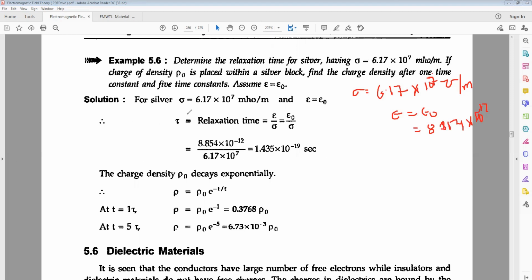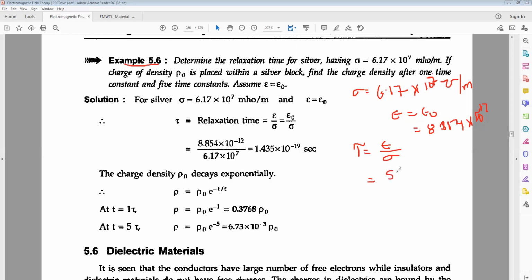The relaxation time, my dear students, we already did in the theory class. The relaxation time tau is equal to epsilon by sigma. It is also very important, examples 5.4, 5.5 and 5.6 also. Tau is equal to epsilon by sigma. What is the epsilon?